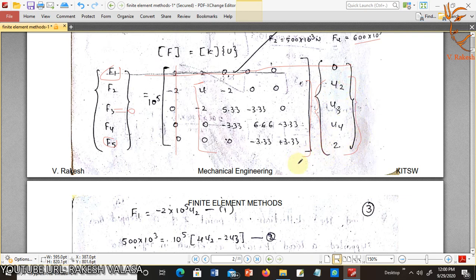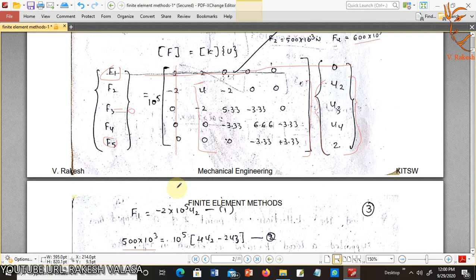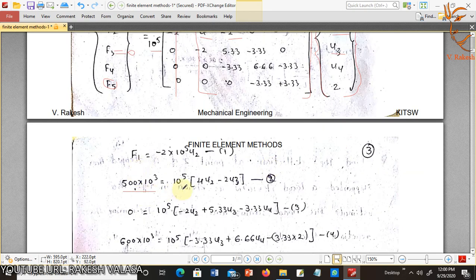Now write the equations. F2 means 500 into 10 cube equal to 10 power 5 into 4 u2 minus 2 u3, remaining are 0 into u4, 0 into 2. So this is equation number 2.